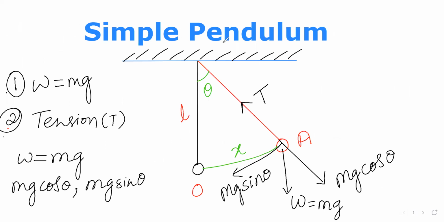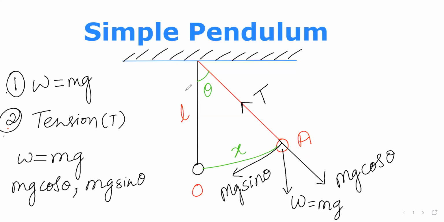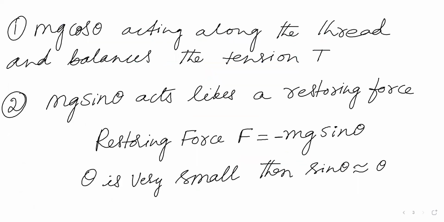Now F equals minus mg into theta. Then from the figure we can say, theta is the angle. Angle equals what?